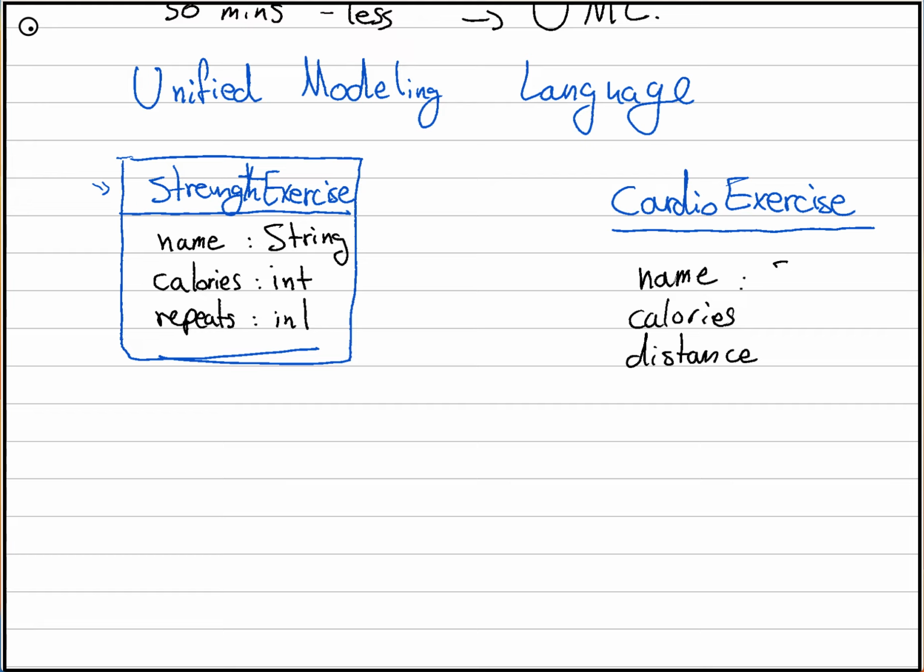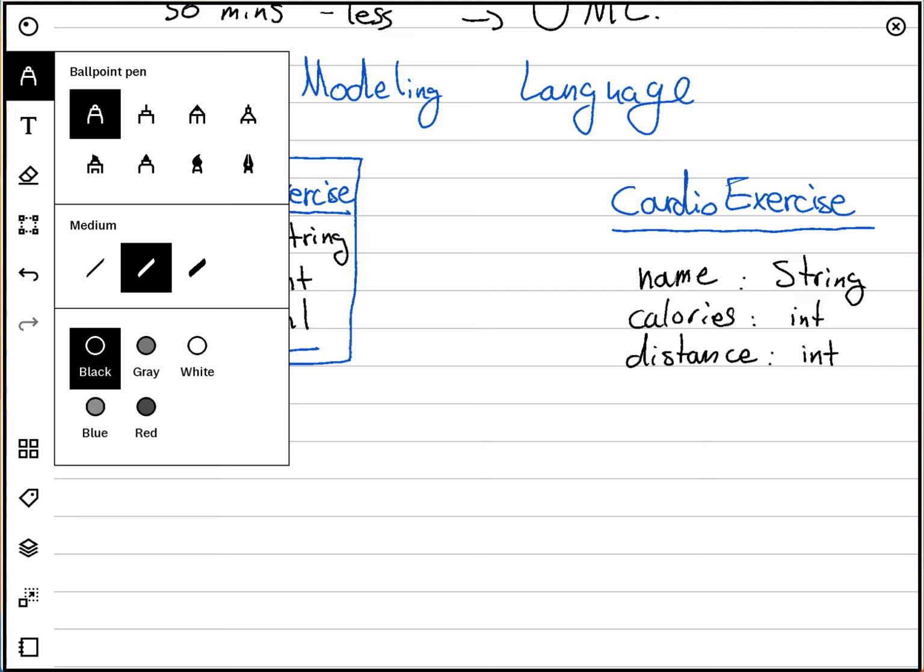So a name is a string. As you said previously, calories were also in cardio exercise. What about distance? It's also an int, I think. Yes, exactly. Excellent.